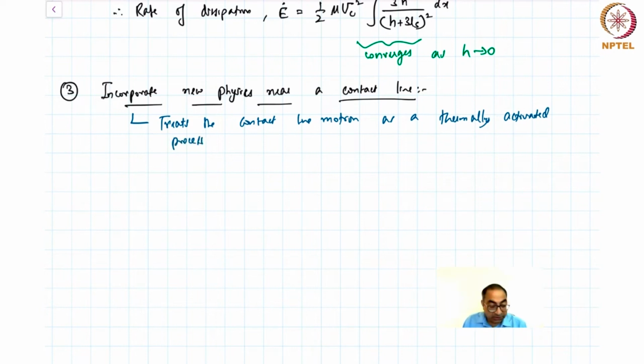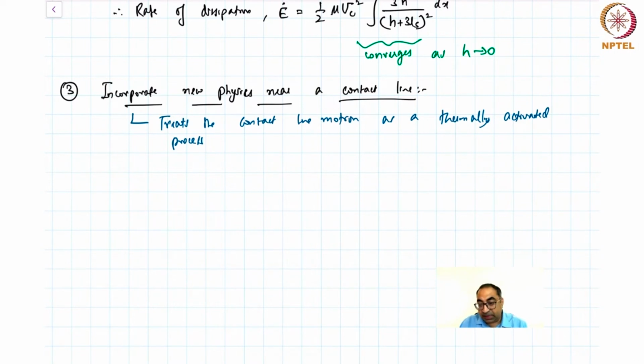So small fluctuations in temperature alter the interactions between the solid and the liquid, and these interactions allow the contact line to keep jumping a little bit.